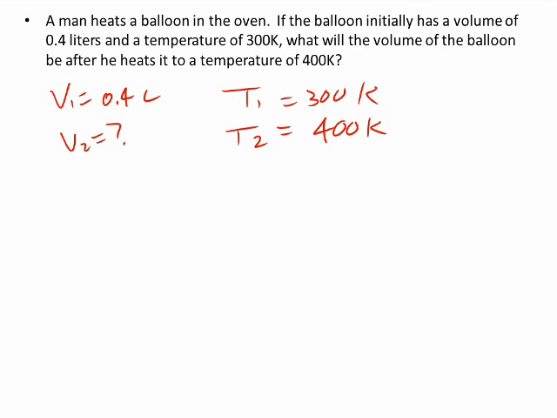We might say, what is V1 over T1, or is it T1 over V1? It doesn't matter. If we remember what P1 V1 over T1 equals, that's just P2 V2 over T2. That's the combined gas law.